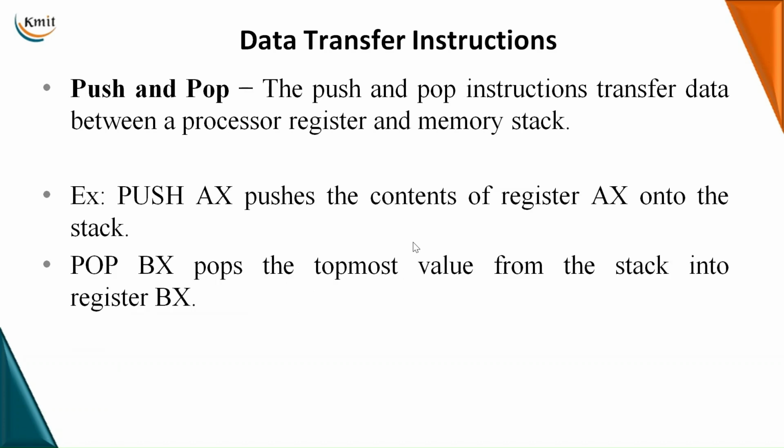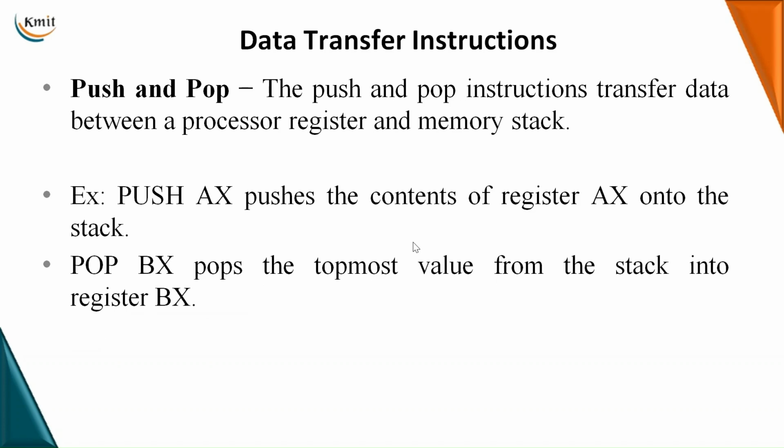The next two instructions are push and pop. The push and pop instructions transfer the data between a processor register and a memory stack. Whenever information has to be pushed into the stack from a register, we use push; similarly, whenever information has to be popped, the topmost value is popped out from the stack.